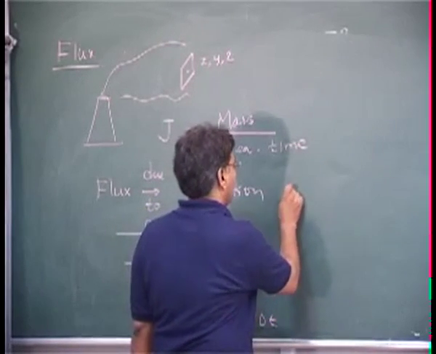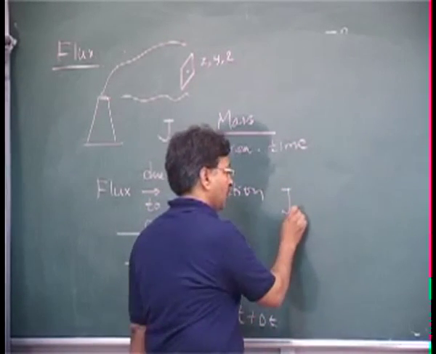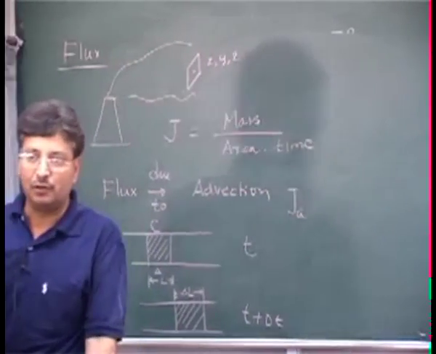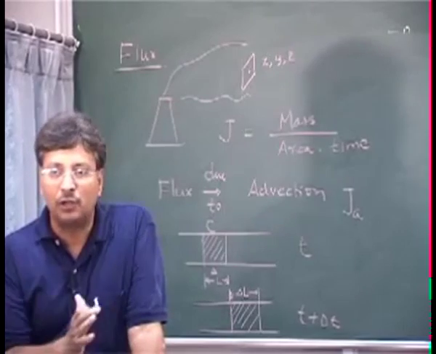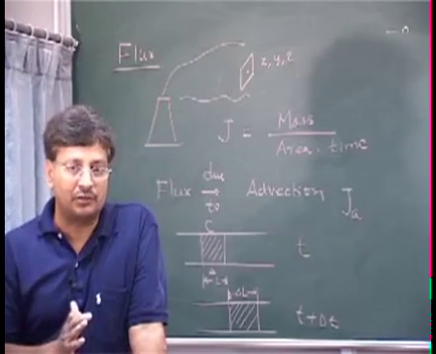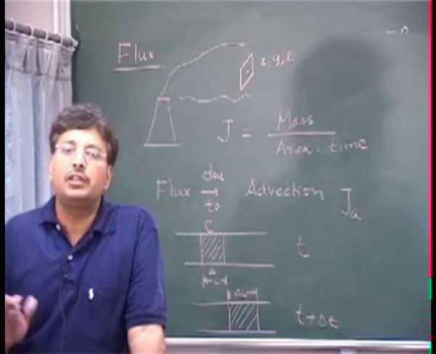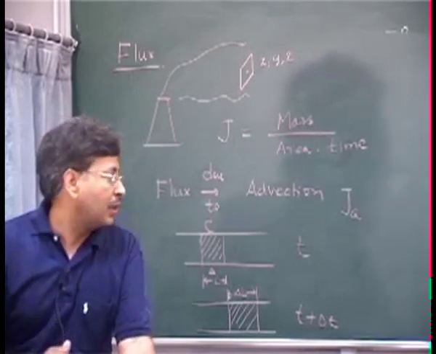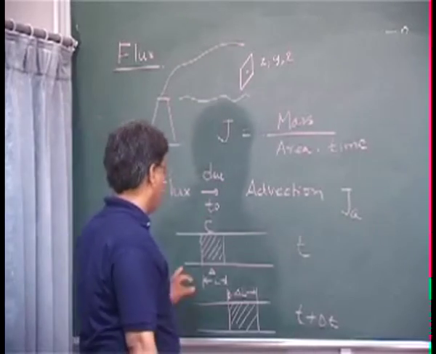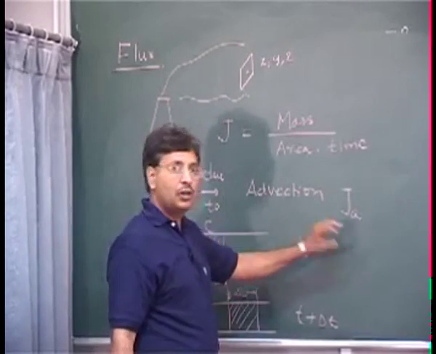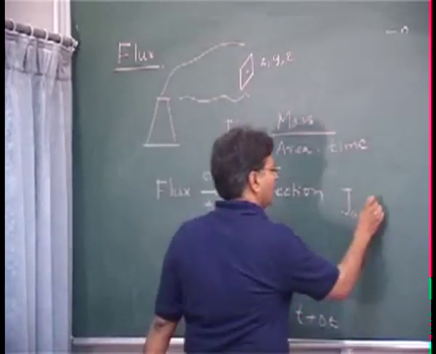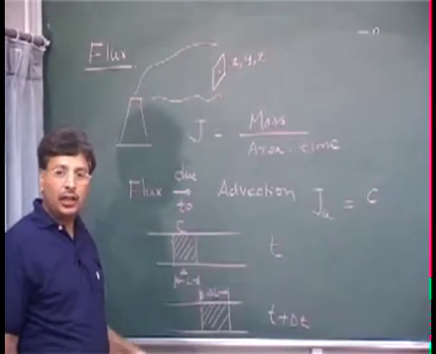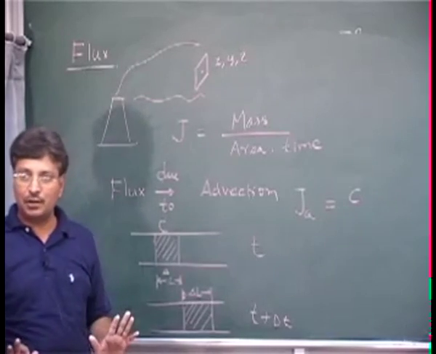I want to find out the flux due to advection. What is the word advection I am using? When there is a flow, then there is advection. When there is no flow, there is no advection. So the flux due to advection is concentration times volume, so that will become my mass per unit time.